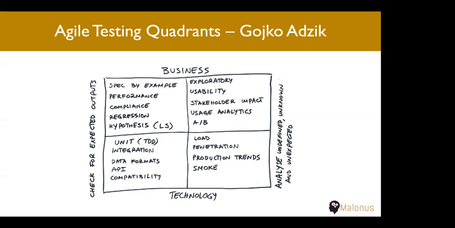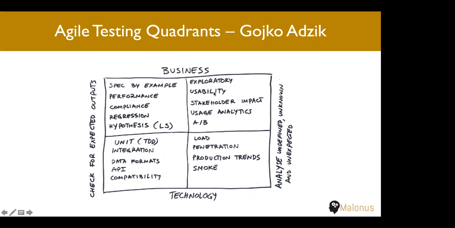On the left hand side, the lower quadrant is around the quite known things from the automated unit testing standpoint: unit test-driven development, integration, data formats, APIs, and compatibility. Going up, it is around specification by example, performance, compliance, regression, hypothesis.